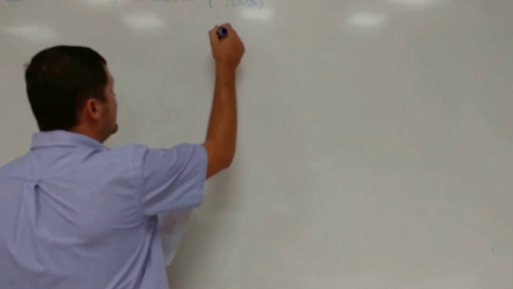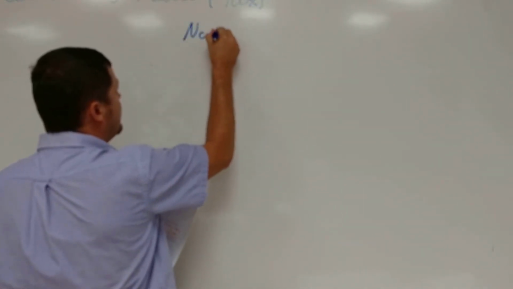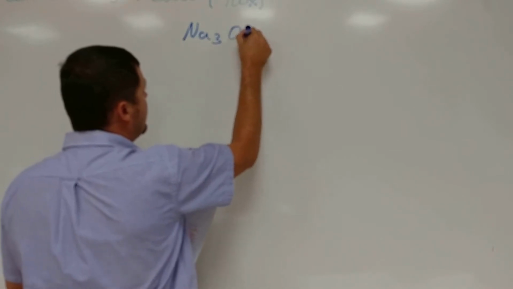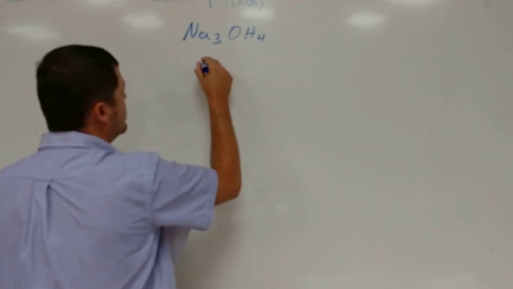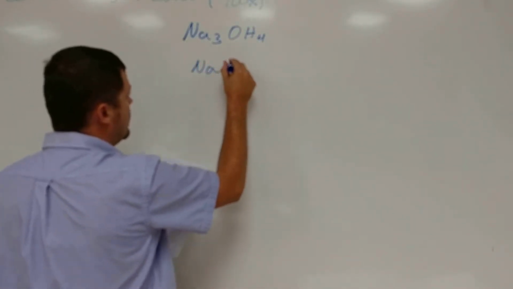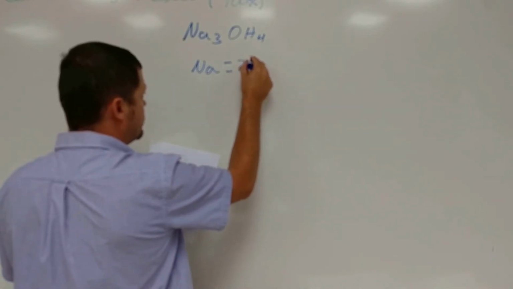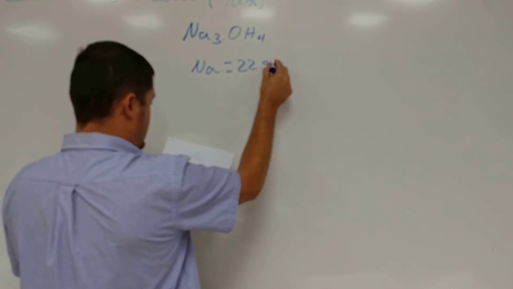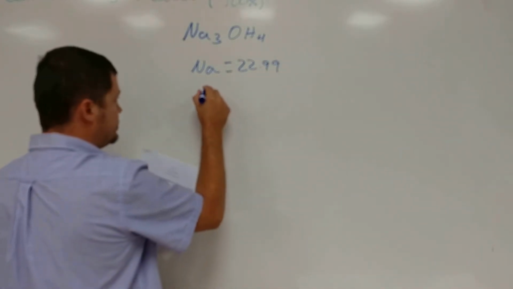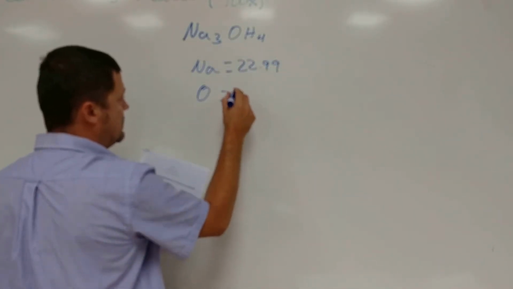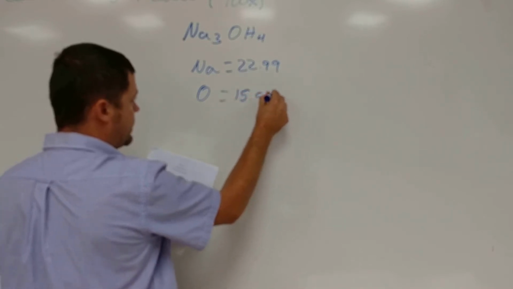Okay, so Na3OH sub 4. Na has an atomic weight again of 22.99. Oxygen, we just have one of those, so it's going to be 15.99.